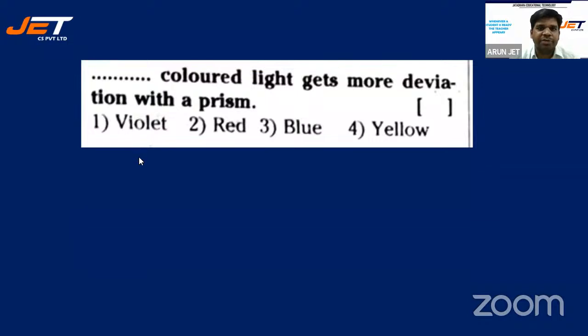Dash colored light gets more deviated within a prism. Violet, red, blue, yellow. Which gets more deviated? Deviation is more for which of these lights?